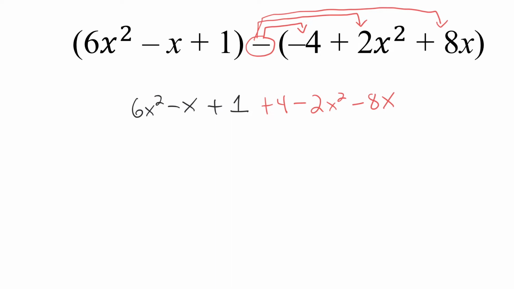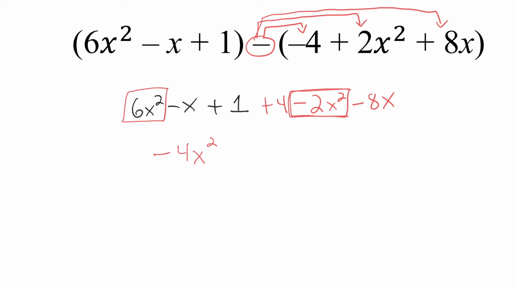I'm going to start with those terms, 6x squared, and I'm going to combine the minus 2x squared. Remember, you are combining, so you look at the numbers, the coefficients. Careful with the signs. We have a 6 minus a 2. That's going to be a negative 4x squared. So you keep the same variable with the same exponent.